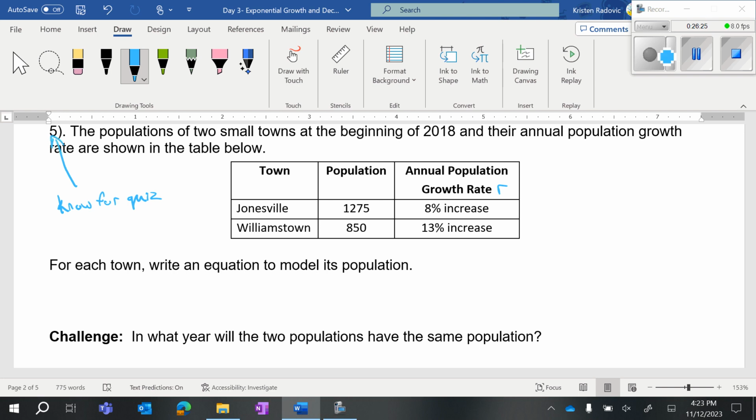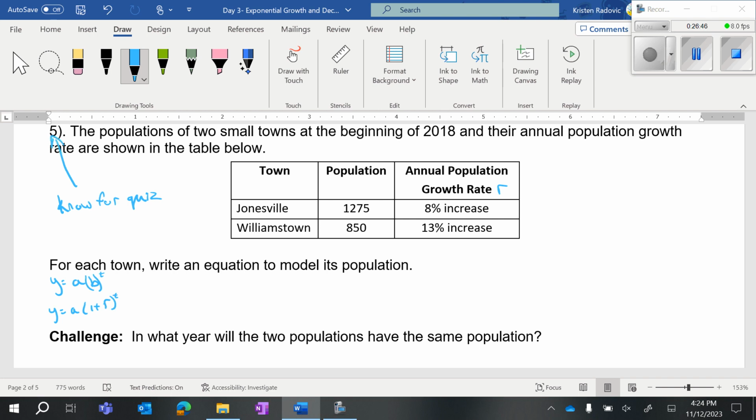We are going to have y equals a times b to the t. Or because you have growth, this is going to be y equals a times 1 plus r to the t power.